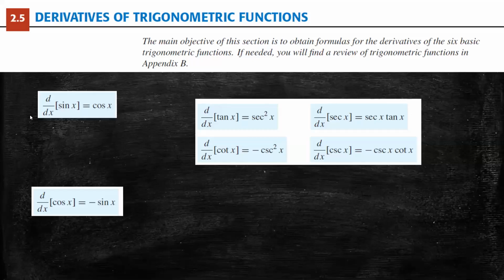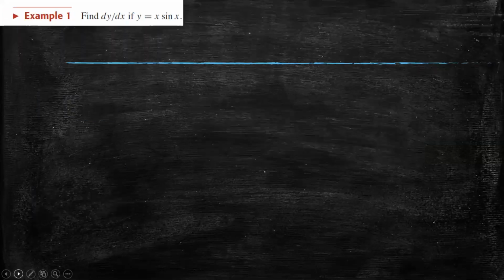So the derivation of sine is cosine, of cosine is negative sine, of tan is secant square, of cotan is negative cosecant square, of secant is secant tan, and of cosecant is negative cosecant cotan. Now find dy over dx if y is x sine x.